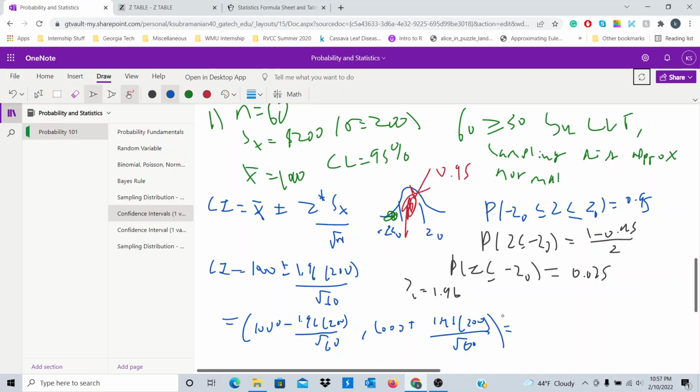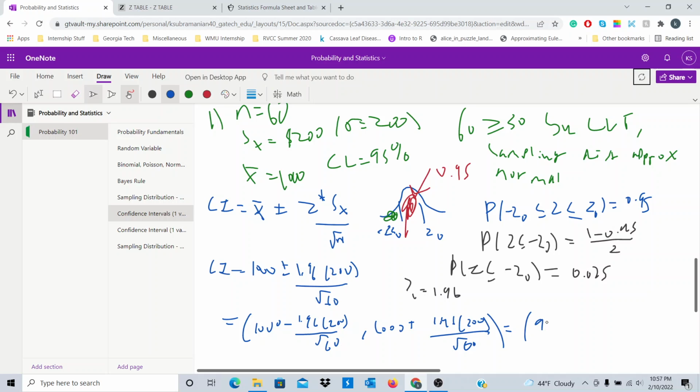And this is going to equal, let me punch this into my calculator real quick. So we see that the lower bound is approximately 949.39.